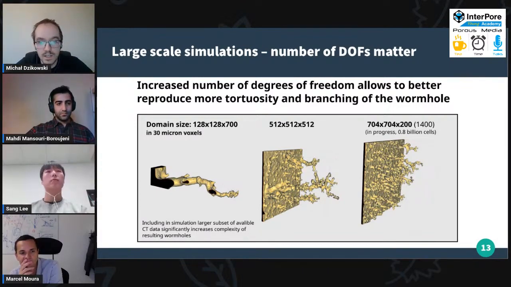This is not downscaled. We just took more and more sections at the same resolution as the original data, and you could see that the structures that appear started to get more branched because they have space to do that.